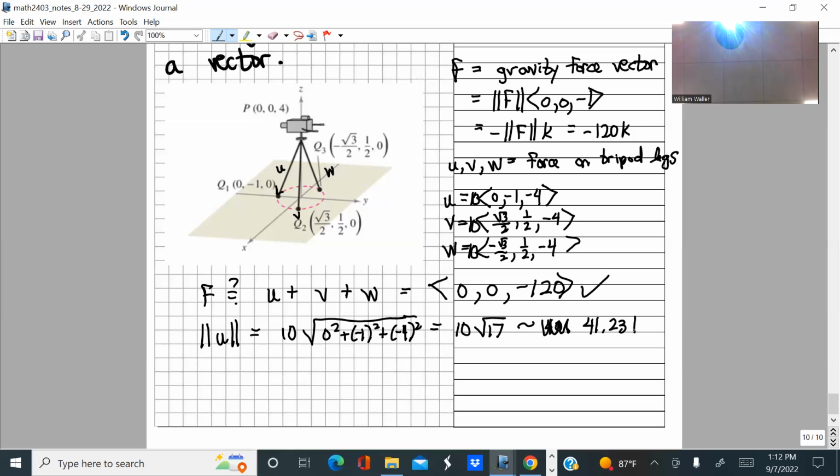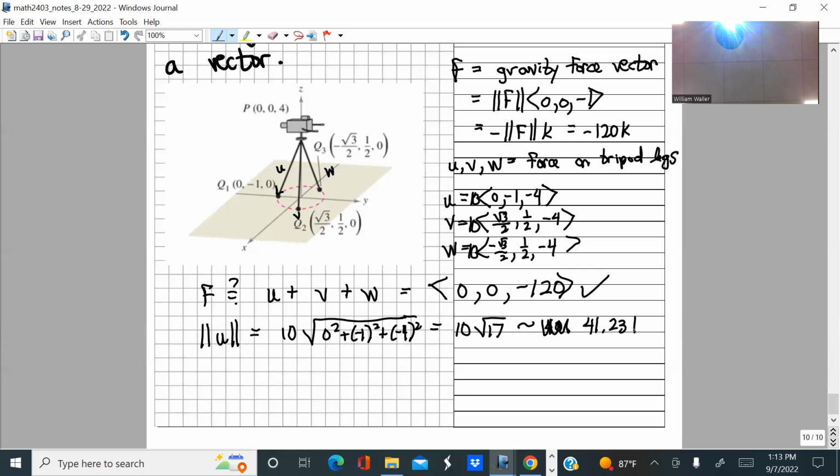All right. So there's the actual force on the tripod. So see, slightly different than distributing the 120 across the three.